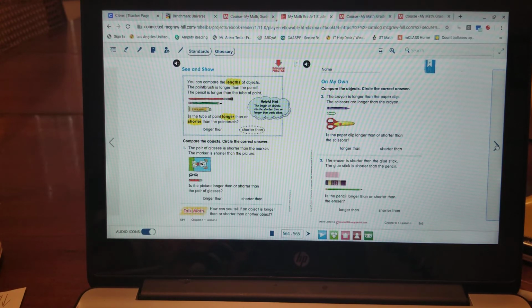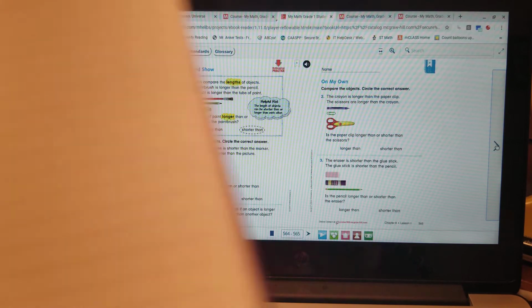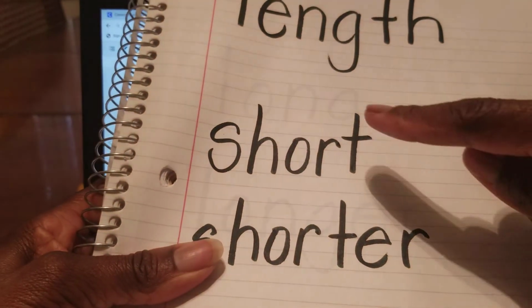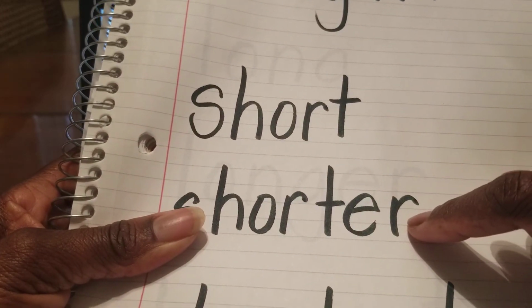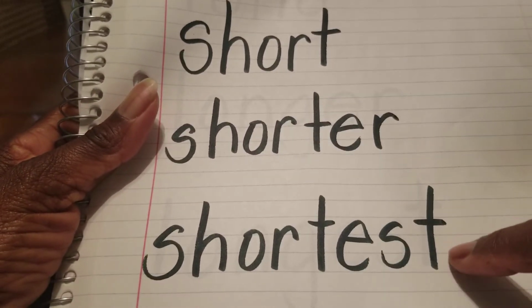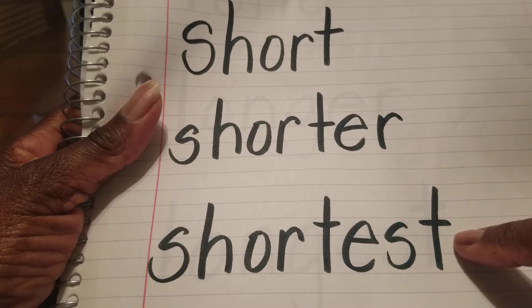So when we're talking about 2 items or 2 objects, and it's talking about length, if it's 2 things, then we say it's shorter. If it's more than 2, we say that it is the shortest.